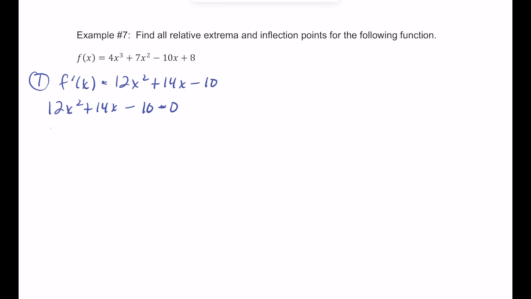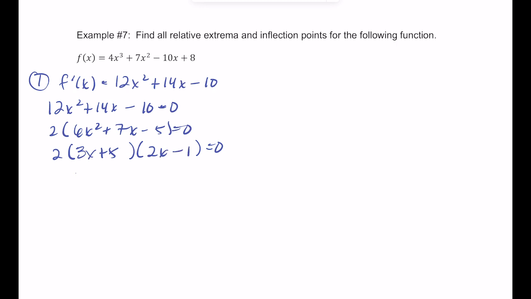I can factor a 2 out of there, and then I can also factor this. I would get (3x plus 5)(2x minus 1).